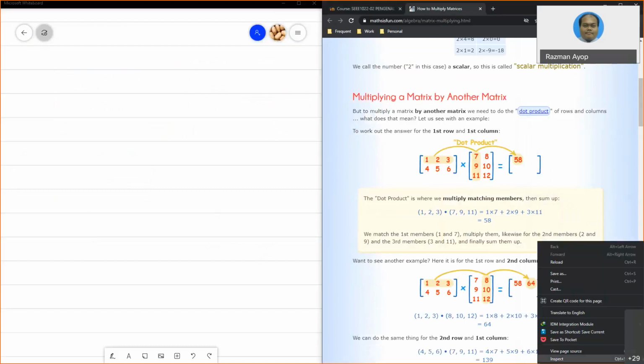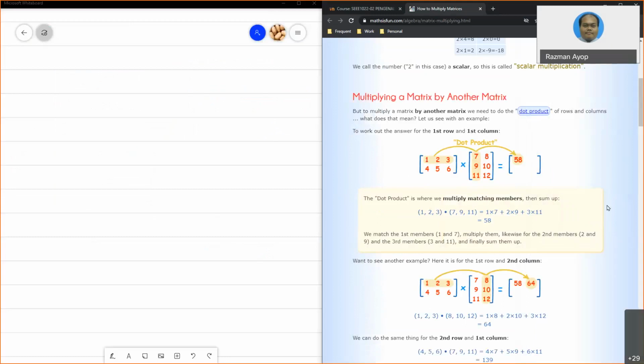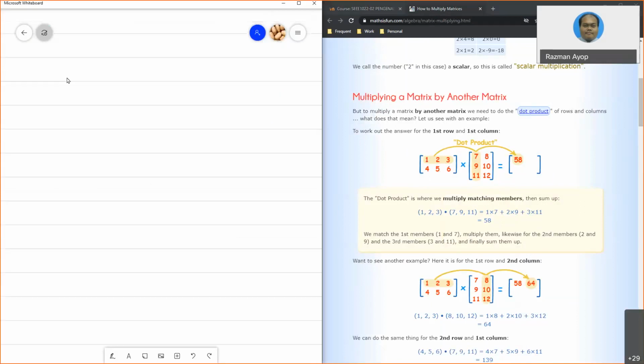You have to know the size of the matrix. If you look at this part, the matrix size is 2 multiplied by 3, because it has 2 rows and 3 columns. This is the matrix size.